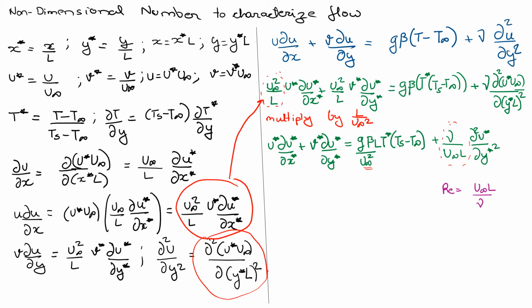So this thing here is nothing but 1 divided by Re, where the Reynolds number is defined as u times L by viscosity.